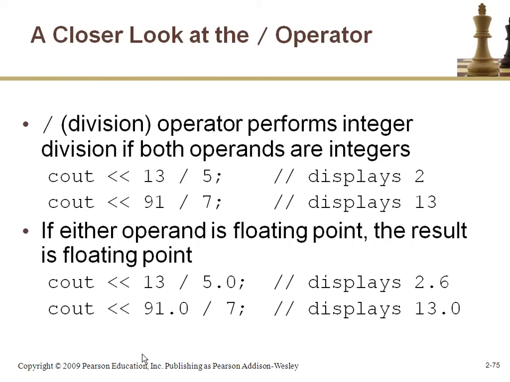So in the line that says cout 13 divided by 5.0, this time the result would be a floating point 2.6. And when you have cout 91.0 divided by 7, it'll display 13.0. I want you to pay close attention to this mix and match of the data types in the arithmetic operation.